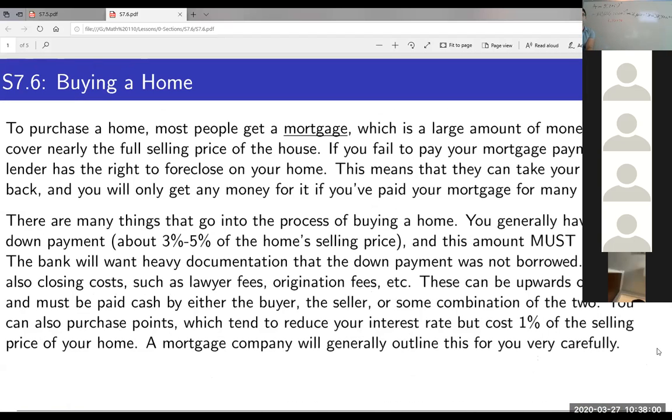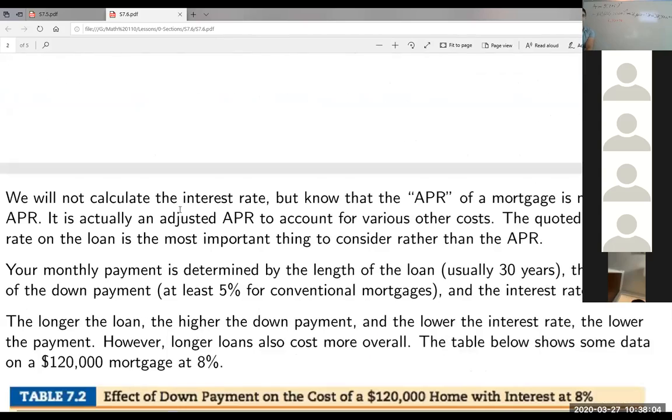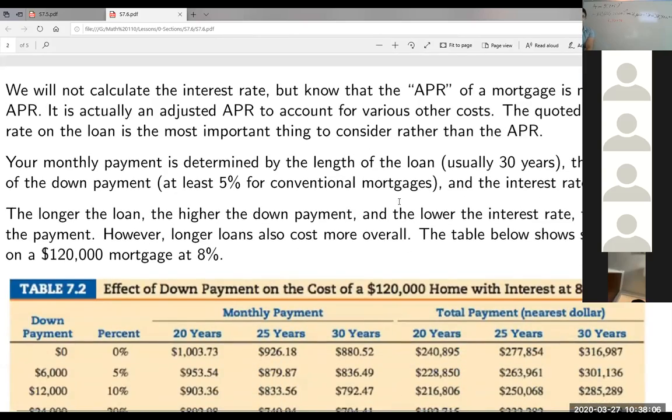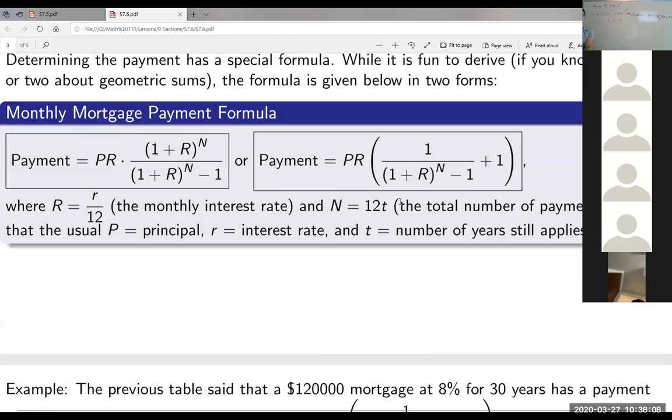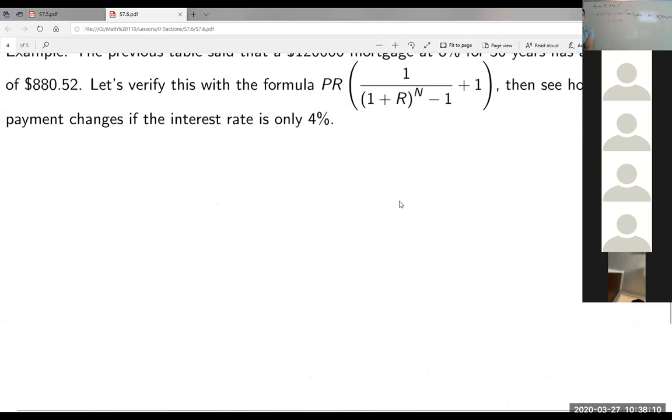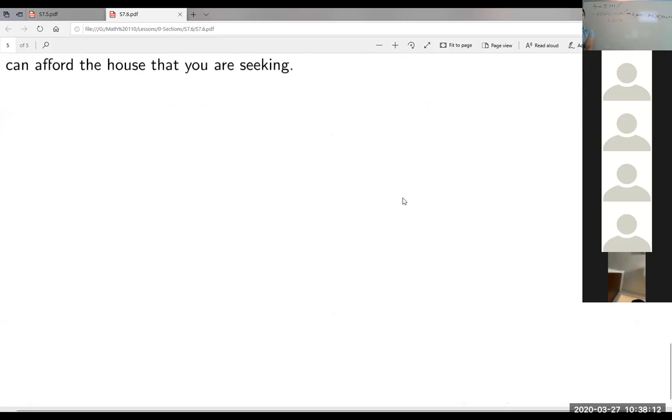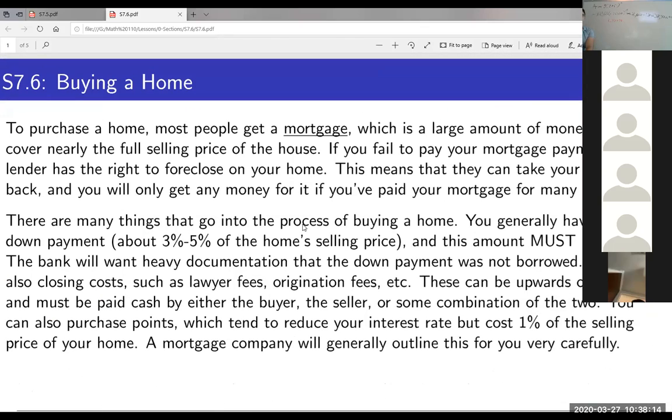It goes into buying a home, and there's a lot of setup and extra stuff. So this is one reason I'm mentioning it: it will make things go a lot smoother.